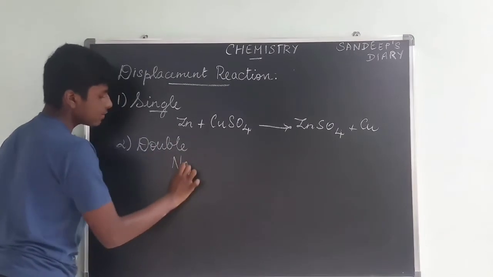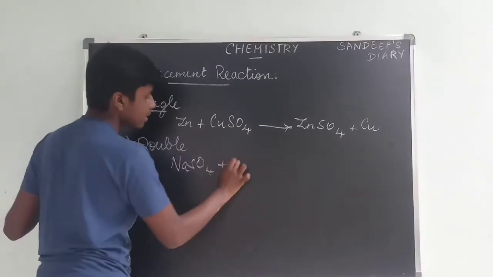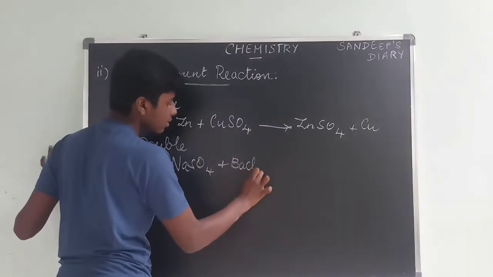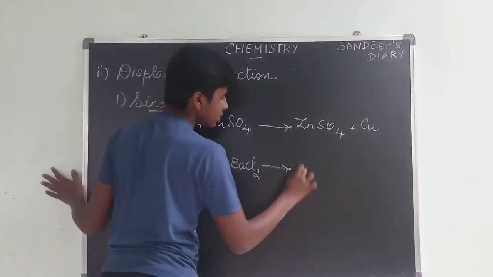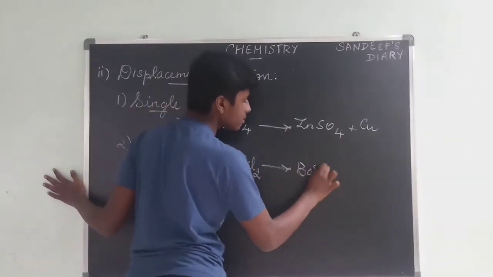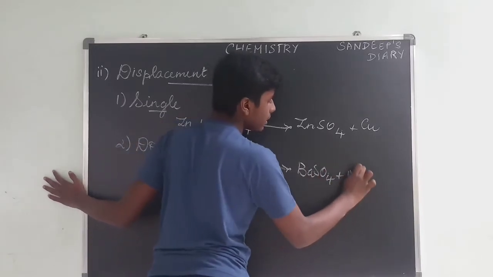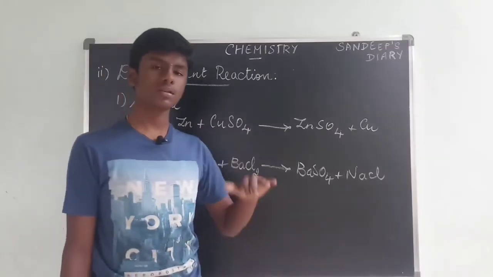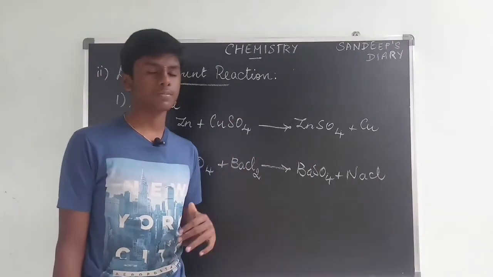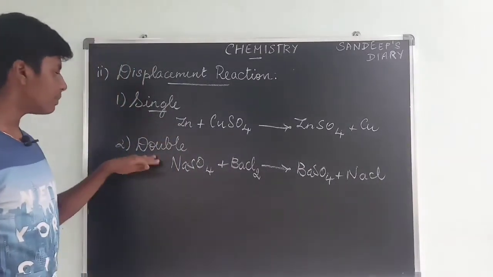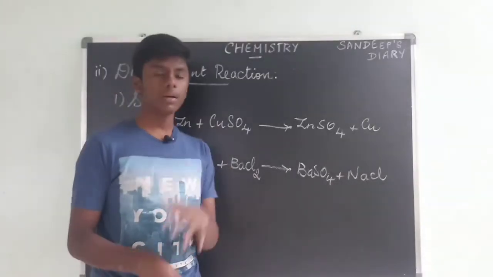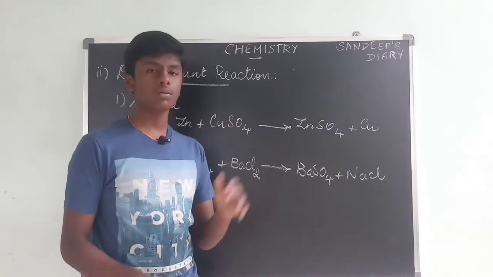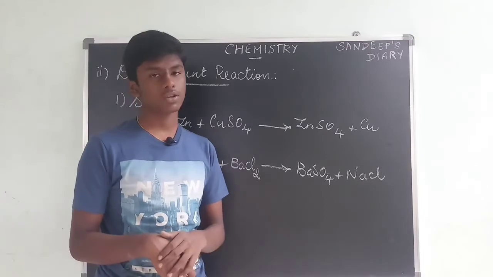Sodium sulfate plus barium chloride produces barium sulfate plus sodium chloride. Here you can see two substances displace two other substances. So this is double displacement reaction. In other words, it is also called precipitation reaction.